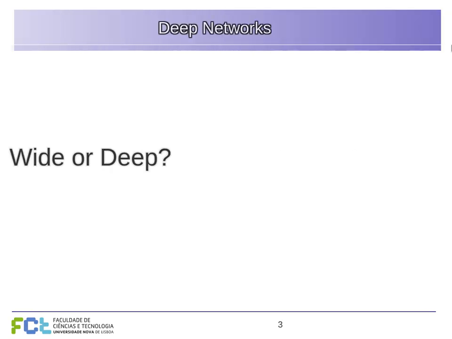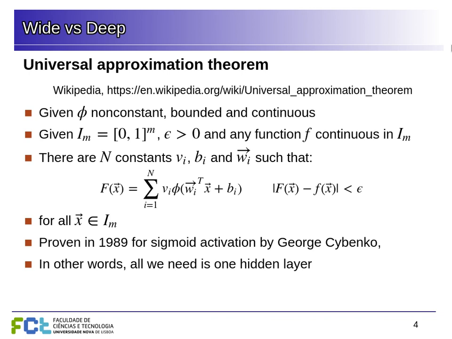So first, let's consider differences between having a wide, shallow model or a deeper model. And I'm going to start with this theorem, which is the universal approximation. So imagine that you have a function that is non-constant and continuous, and you have a volume, but this is a unit volume. You can generalize for whatever you want.